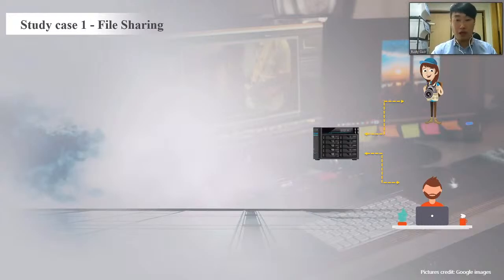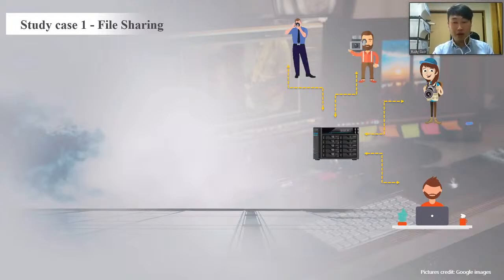Meanwhile, James is probably also working with other photographers. Here's one in Japan, and here's one in New York City. They can all submit and share their files into the same NAS, and everyone can access it according to their own credentials. After finalization, James or Annie needs to share the files with their client for approval.